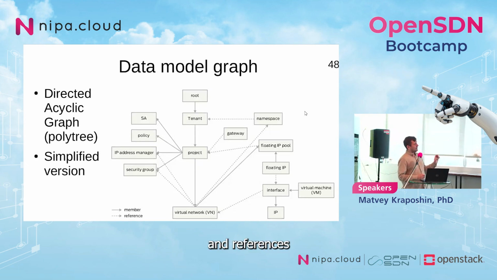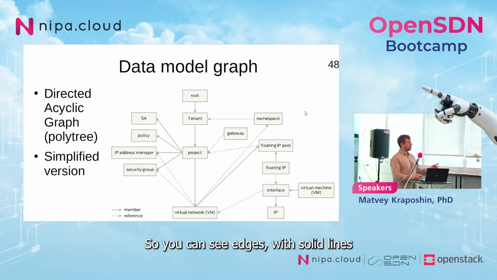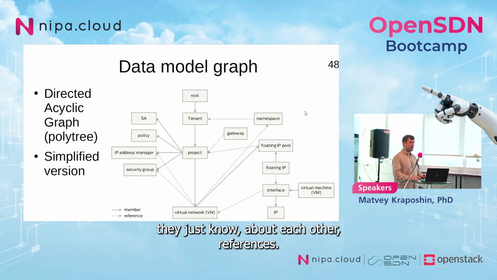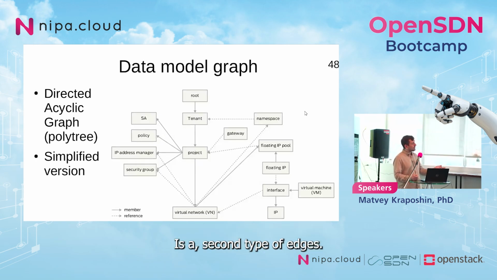And references between nodes can be of 2 types. So you can see edges with solid lines and with dotted lines. Solid lines are edges for members, and references, which say that they just know about each other. References are the second type of edges.